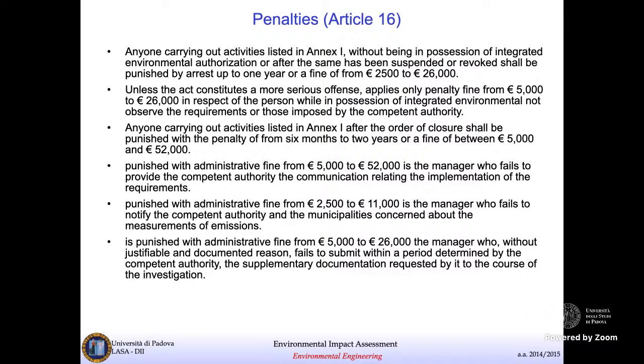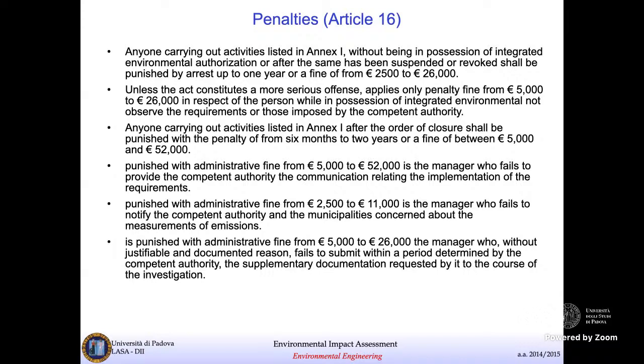Article 16 deals with the penalties, that are essentially penalties for the operator. So anyone carrying out activities listed in Annex 1 without being in possession of the authorization, or after the same has been suspended for some reason or revoked, shall be punished by arrest. So this is penal.